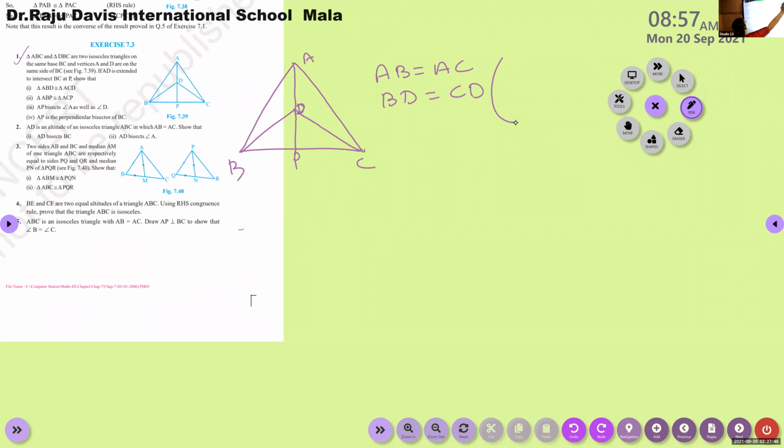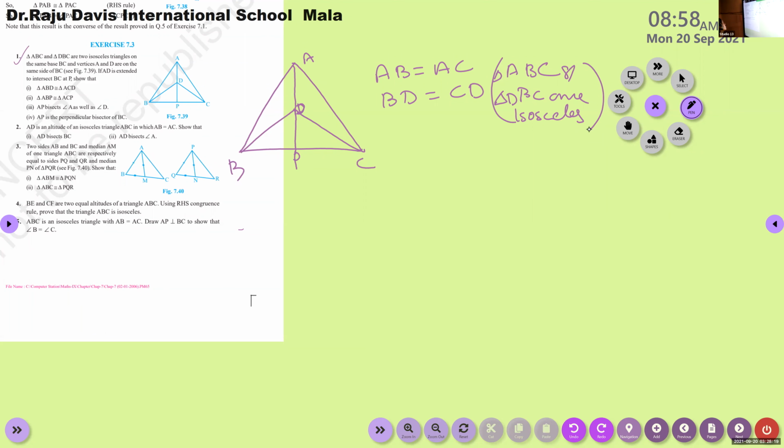Reason: triangle ABC and triangle DBC are isosceles, because given is two isosceles triangles. So their base angles are equal and sides opposite to base angles are also equal.